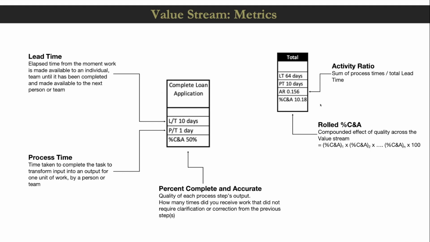It indicates close to 90% of the time there's some amount of rework involved, or some amount of going back one step or multiple steps. So you want to place a bit of focus on the percentage CNA, which means the quality factor needs a lot of work here.